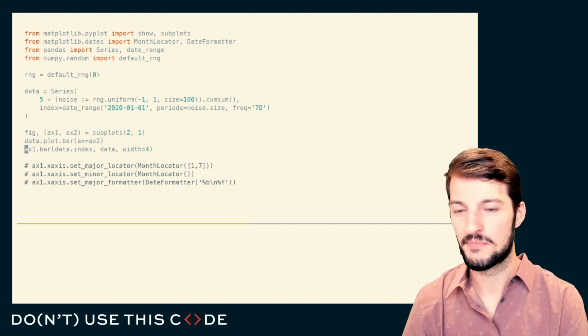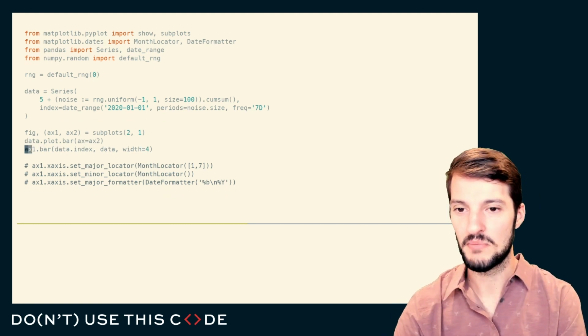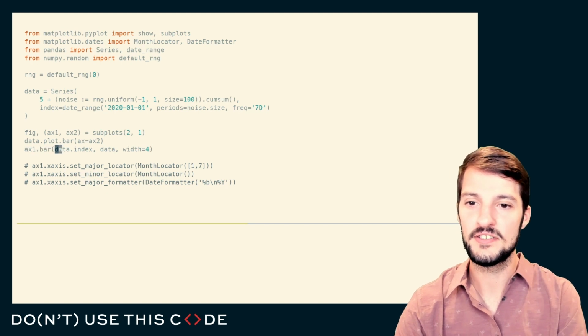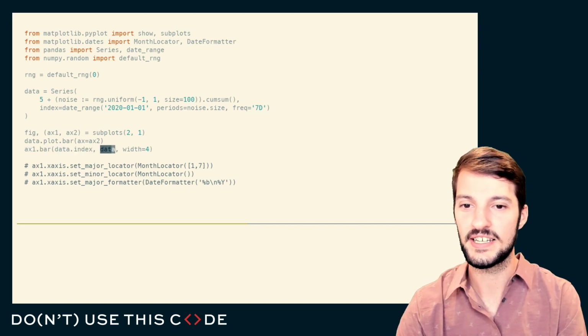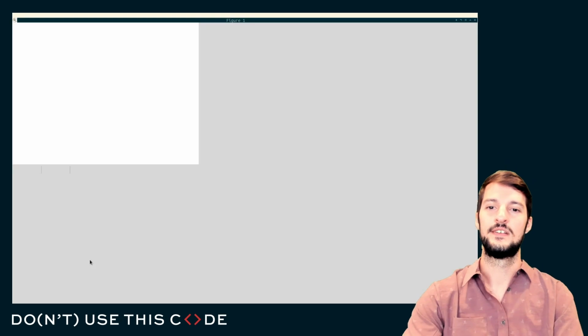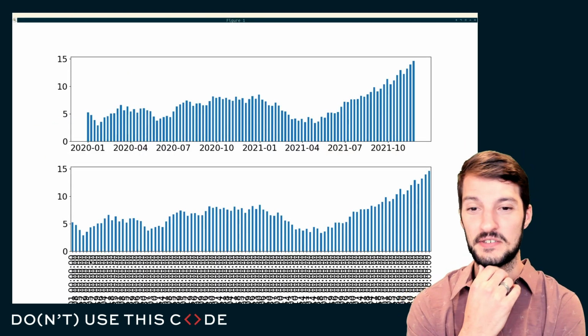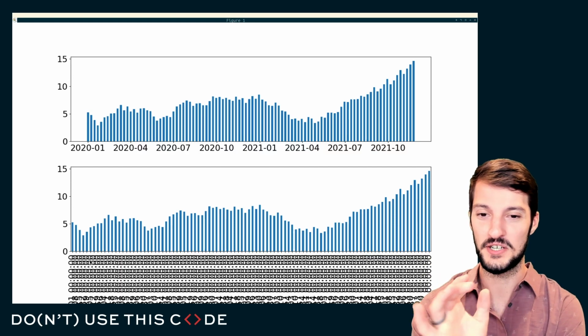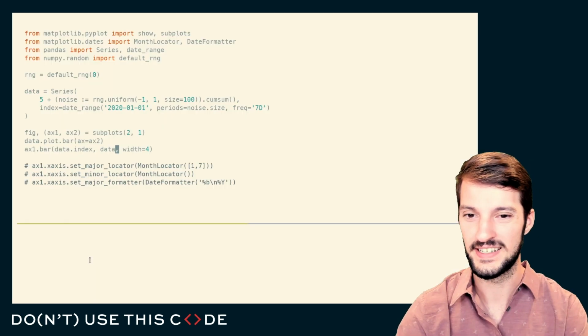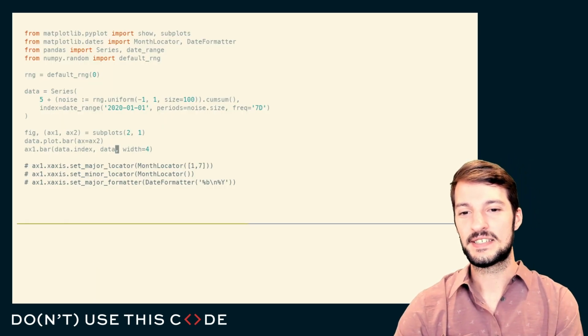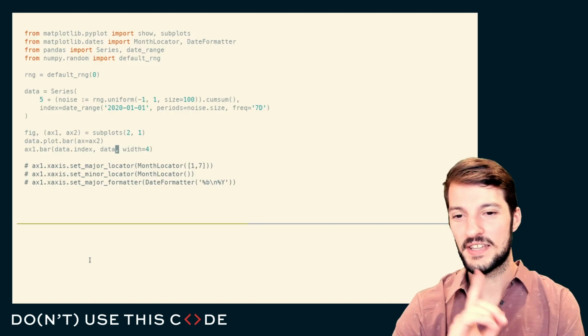I want to show you something. Let's try plotting it using Matplotlib's .bar method and simply passing in the data index and the data itself. I hope you can already see that the top set of axes looks much better than the ones pandas generated. This is because, I'll get to that in a moment.